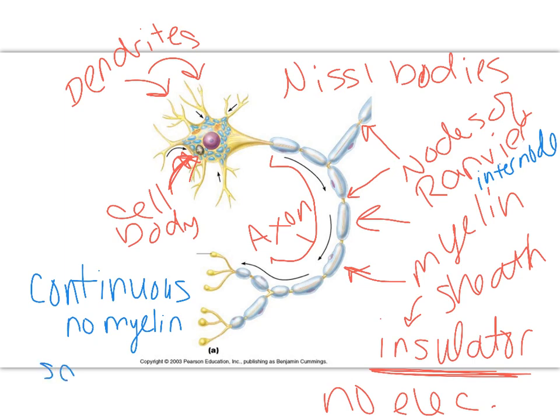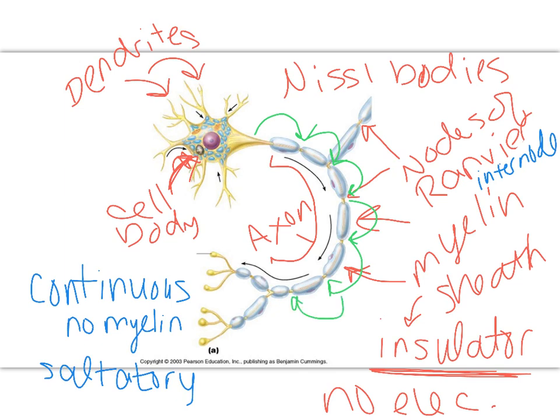The other option is what's called saltatory conduction. This is what you see happening on this particular picture. The action potential will jump from node to node all the way down the neuron.